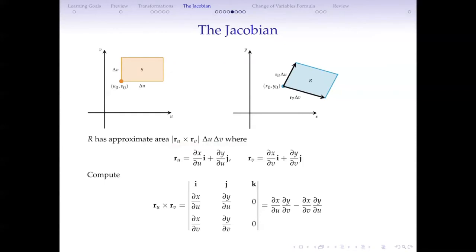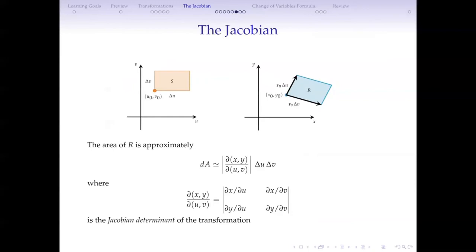To calculate this cross product, I just put the vectors r_u and r_v into the usual 3x3 matrix for the cross product. You can work out that the only non-zero component of this cross product is going to be the k component, and that the magnitude of that k component is exactly this. It's dx du times dy dv minus dy du times dx dv. So that's the area stretching factor that I'm looking for.